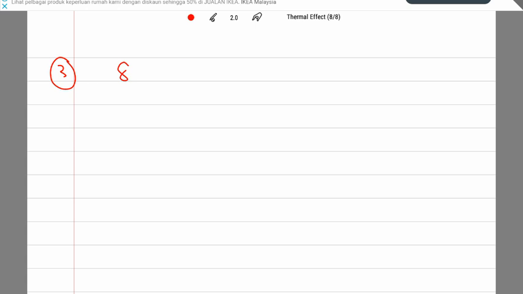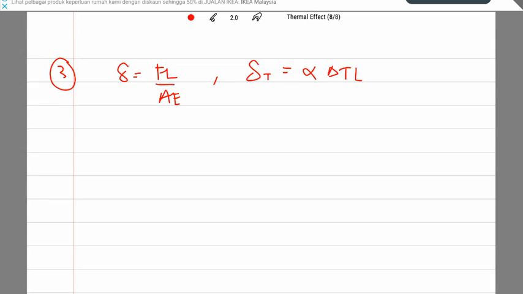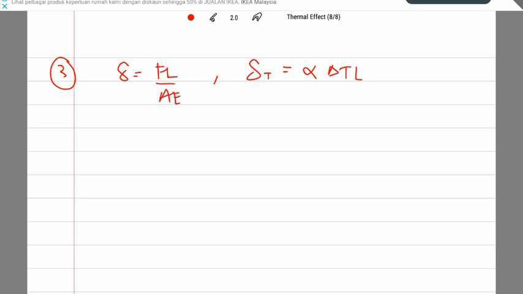So delta is equal to FL over AE, and also delta T, or the deformation caused by thermal effects, is equal to alpha delta T L. Okay, so just substitute this into the geometry of deformation equation that we wrote in the second step just now. Then it will give us the compatibility equation.